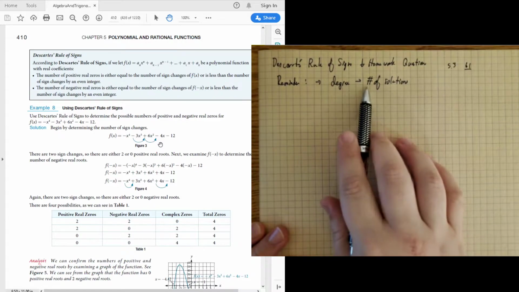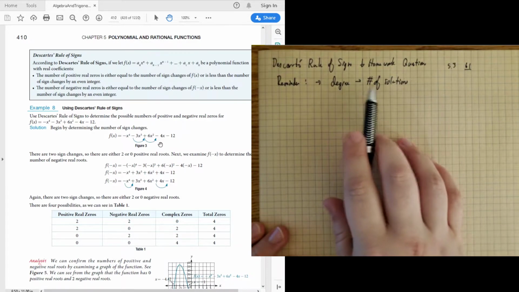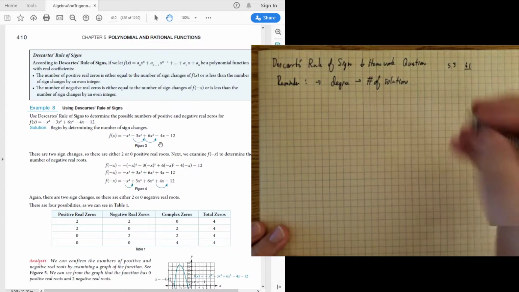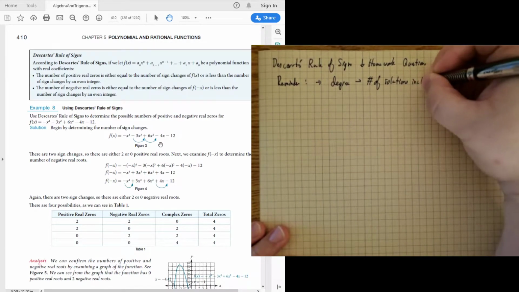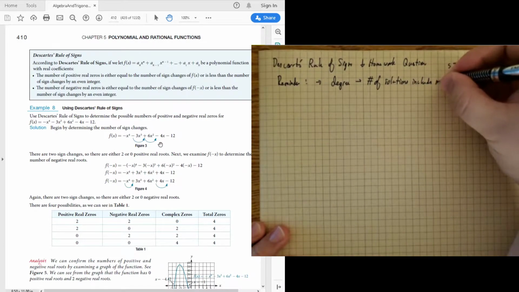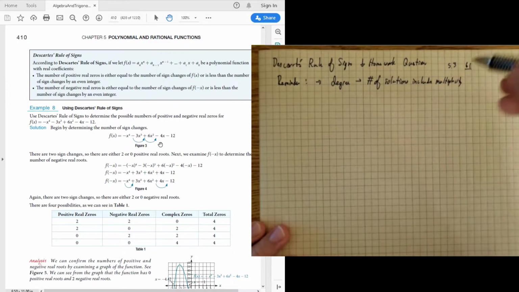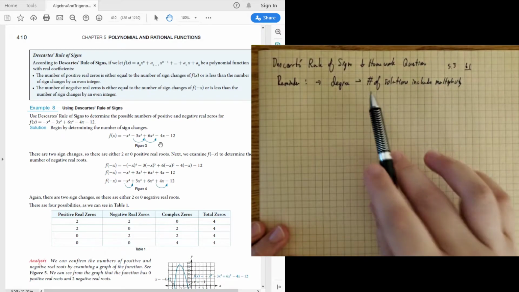So if you have a degree of 3, there are going to be 3 solutions. If you have a degree of 4, there are going to be 4 solutions. If you have a degree of 5, there should be 5 solutions. Now, this includes multiplicity.